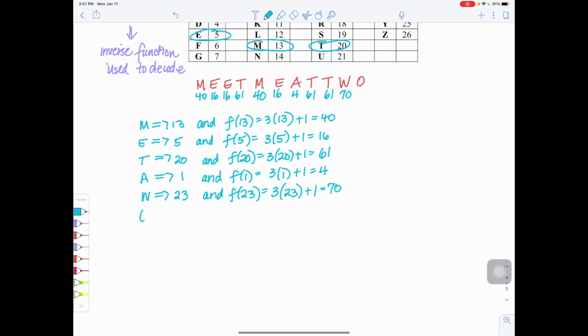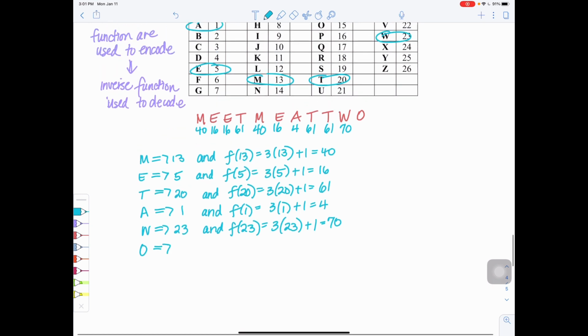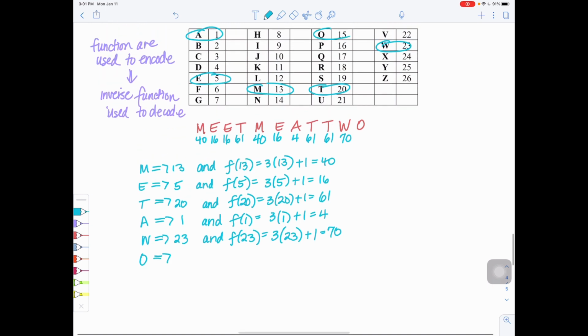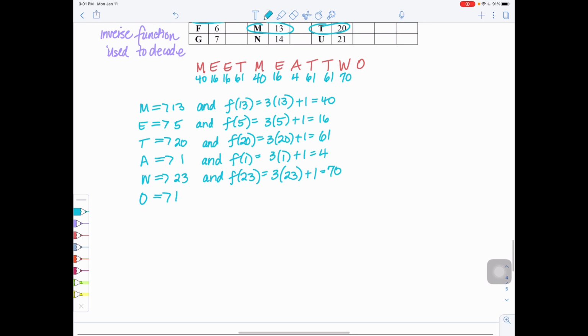And last, O corresponds to 15, and f of 15 is 46. So this is how "meet me at 2" would be encoded: 40, 16, 16, 61, 40.